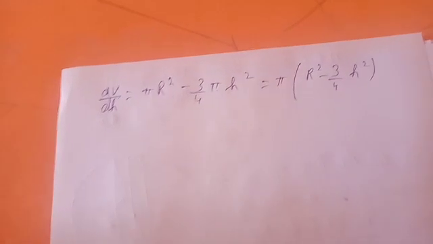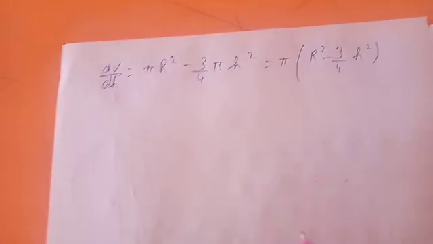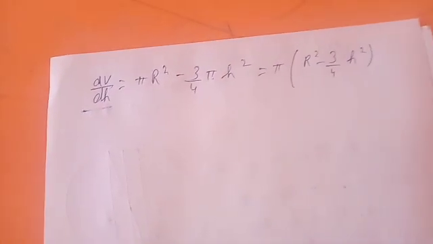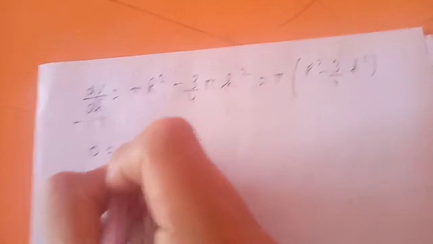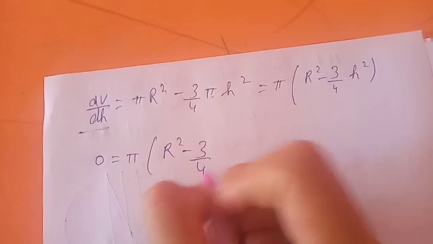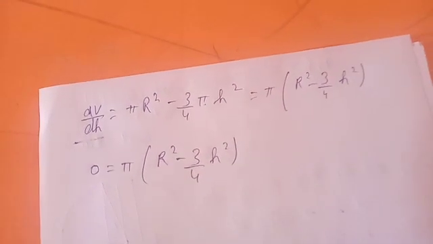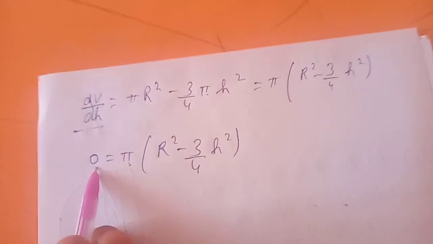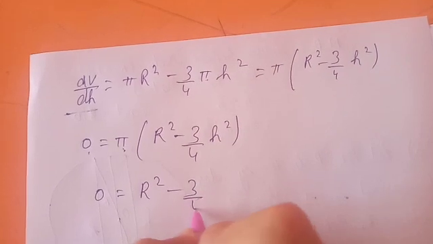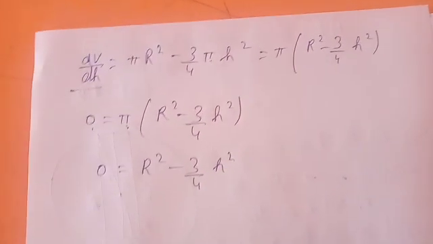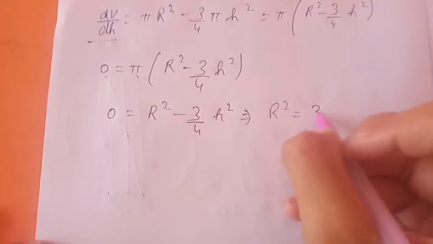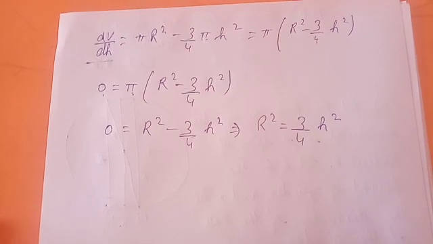Now for extreme values, means for either maxima or minima, what we have to take? We have to take our first differentiation value as 0. So 0 is equal to pi into r square minus 3 by 4 h square. Okay, now if we divide 0 by pi, we will get again 0. So 0 is equal to r square minus 3 by 4 h square. Okay, so from here we get r square is equal to 3 by 4 h square.